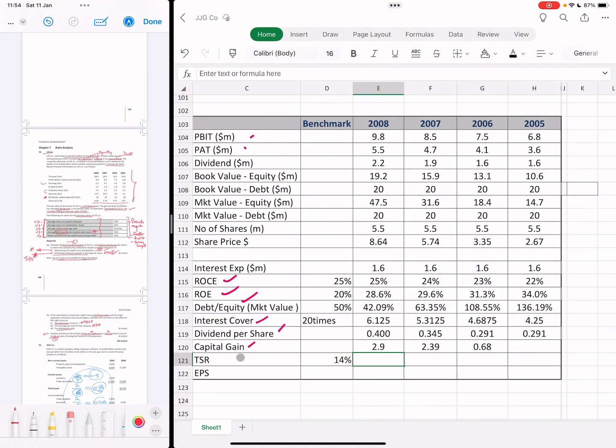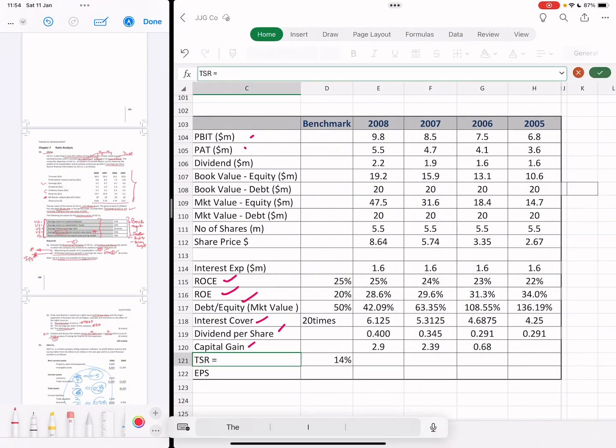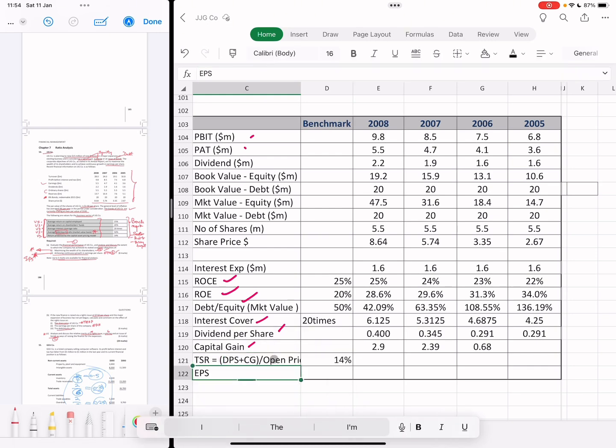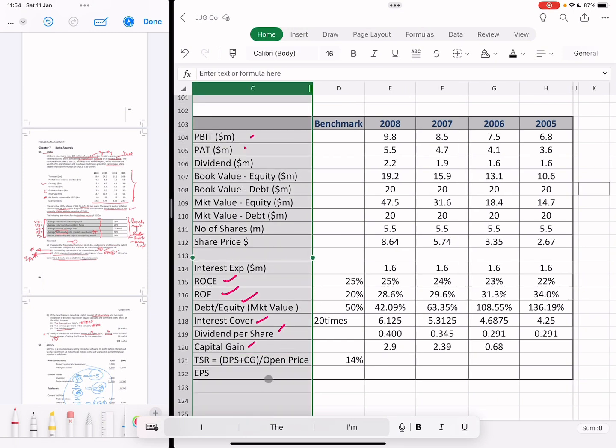So remember your TSR formula is equal to your dividend per share plus your capital gains, everything divided by your opening price. Please take note, don't make a mistake. The popular error that I've seen people make is that, because of the way the formula is written, sometimes people do the dividend per share separately and only divide the capital gains by the opening price. That will give you a wrong answer. You have to divide both of them by the opening price, because remember, the shareholders made a gain of dividend and of price appreciation by investing at the opening price.